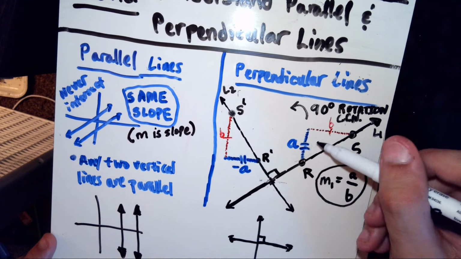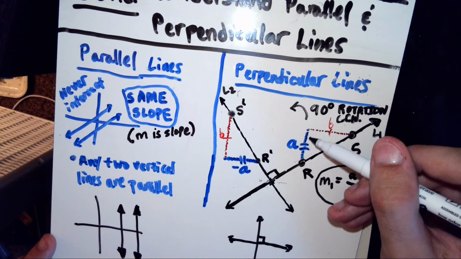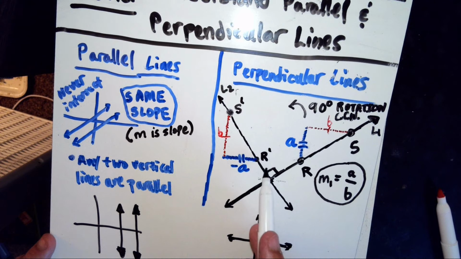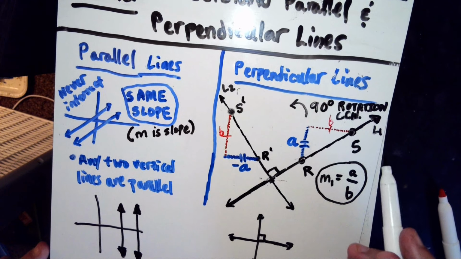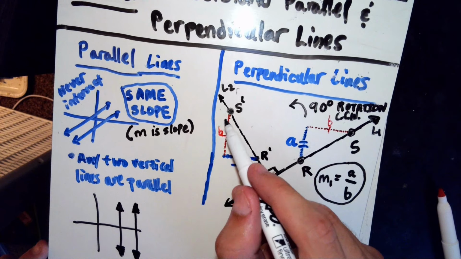So just like with this little blue piece A, when you rotate this counterclockwise 90 degrees, you end up with minus A over here. And this horizontal line B is going to become a vertical line B as well.